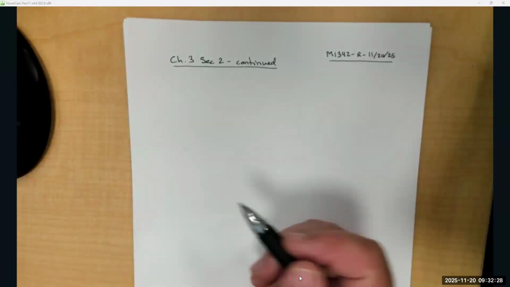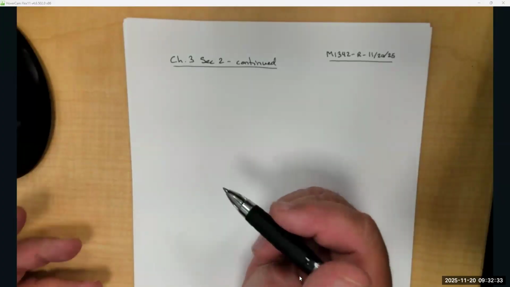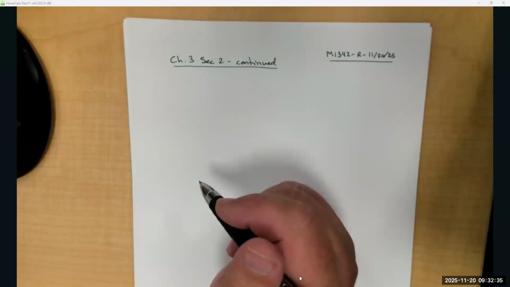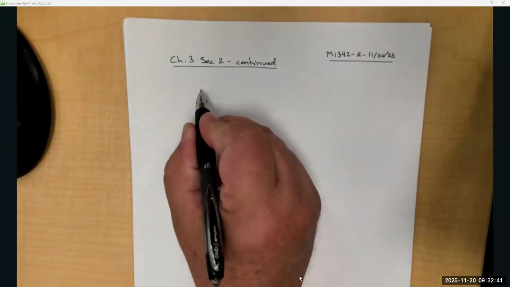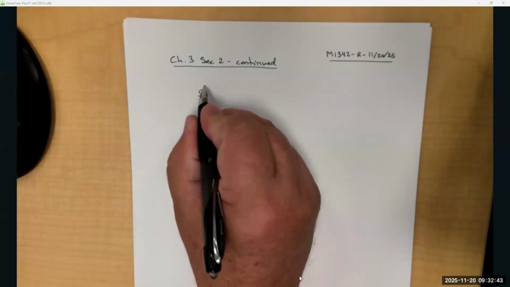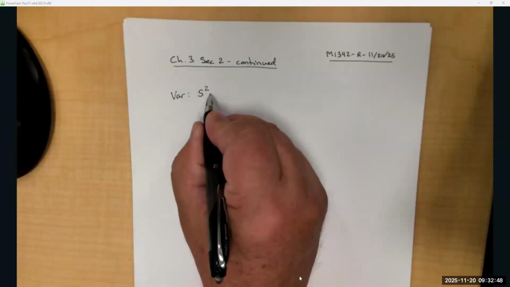All right, so what we talked about so far is the variance and deviation. What's the difference between variance and deviation? Yes, the variance is squared, whatever formula you're going to use.